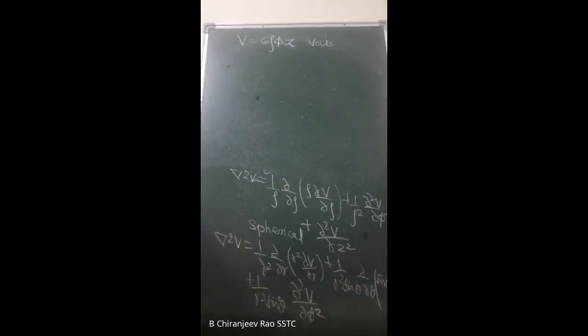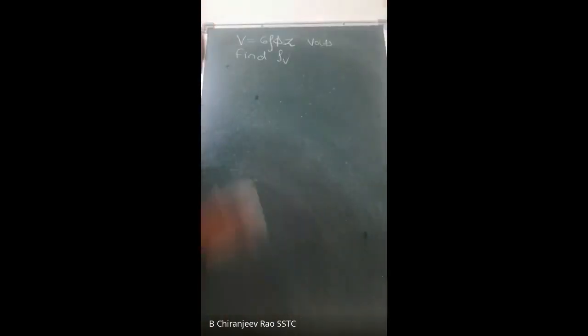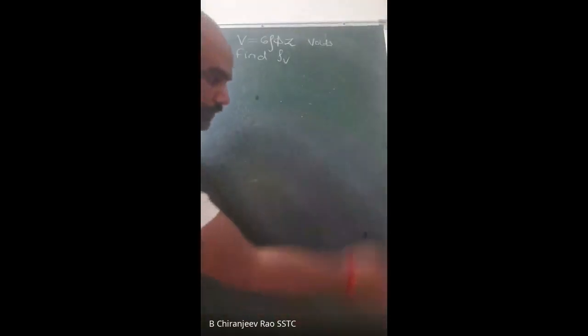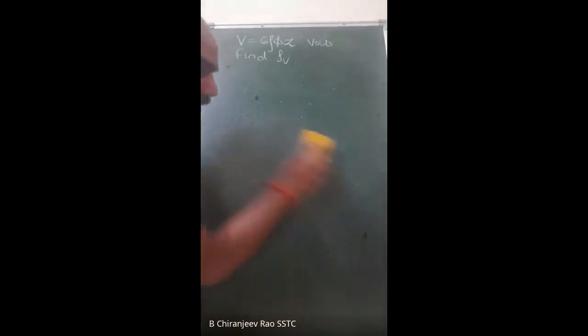So V is equal to 6 rho phi z volts is given and you have to find rho V. So potential V is given and you have to find the volume charge density rho V.